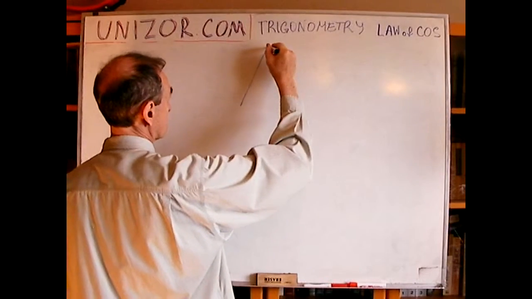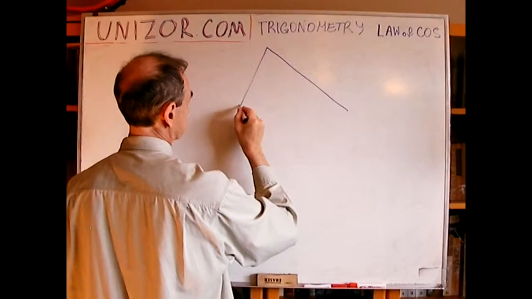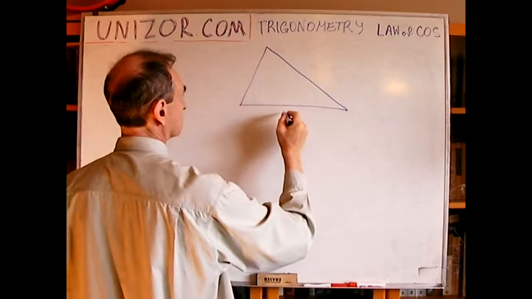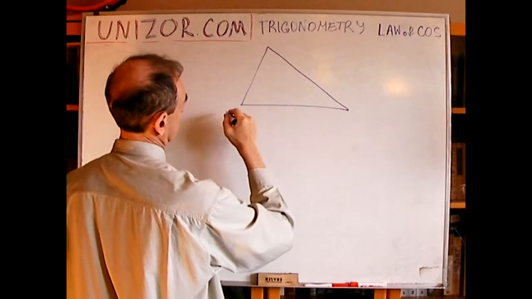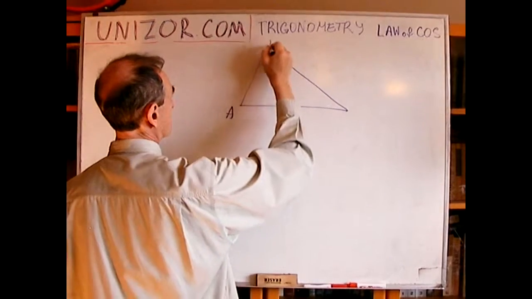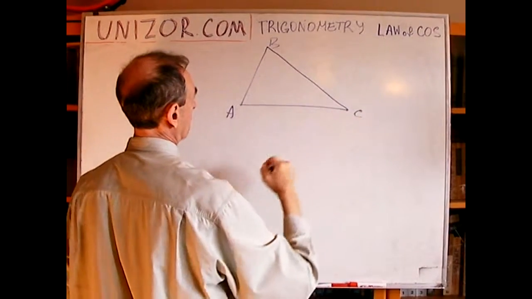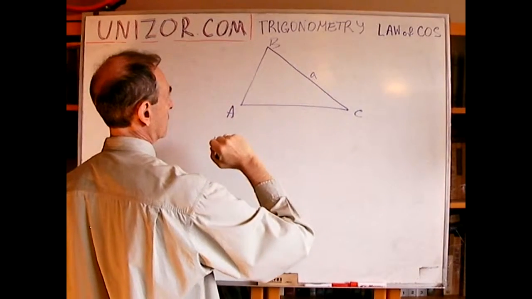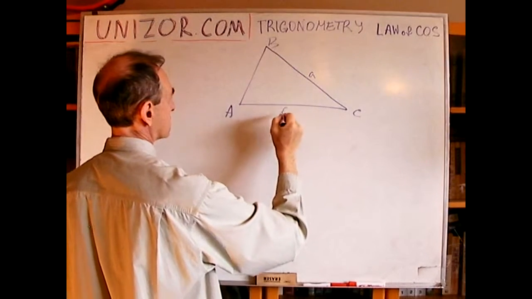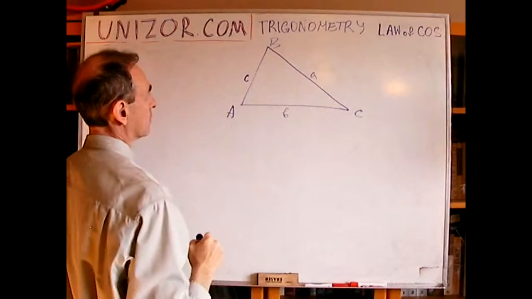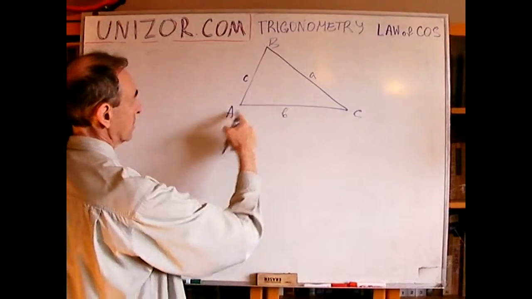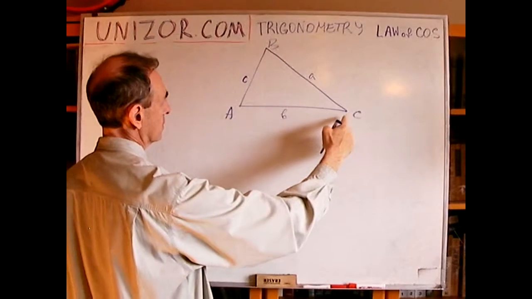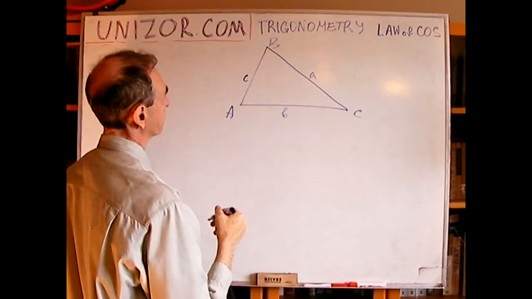Let's start with this one. A, B, C. Usually the opposite side is marked with a lowercase similar letter: capital A, lowercase a side; capital B, lowercase b; and capital C, lowercase c.